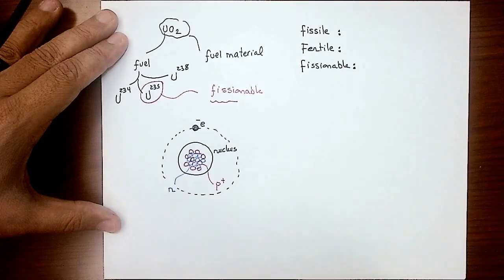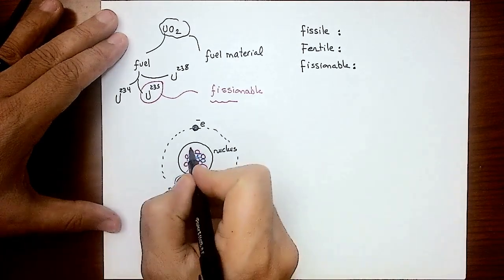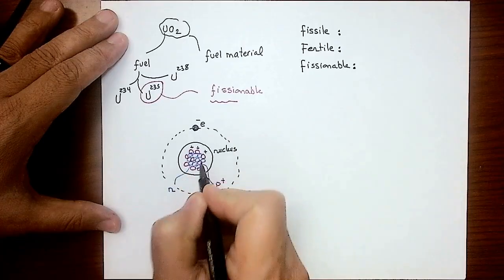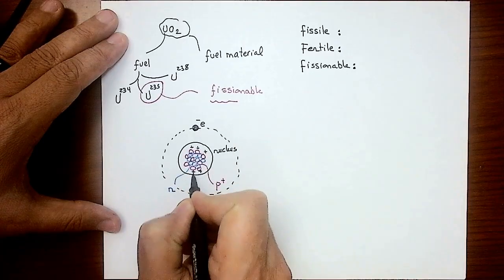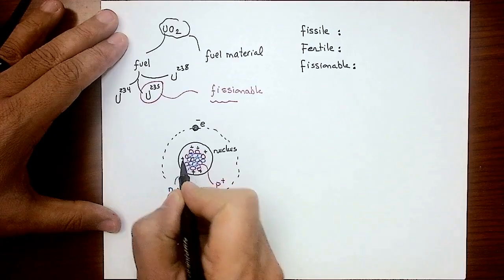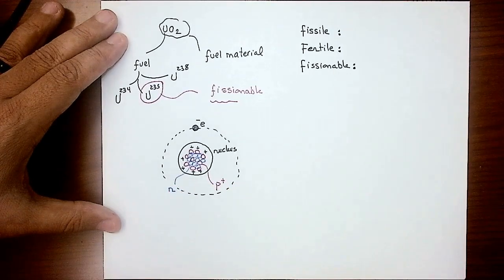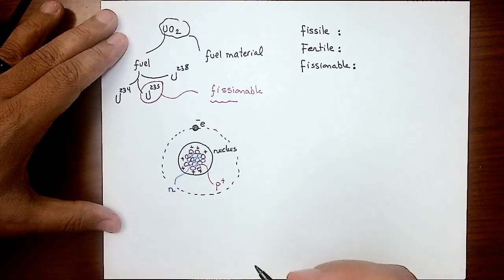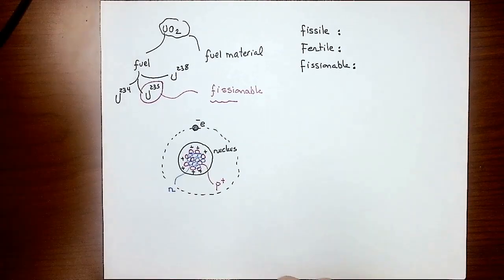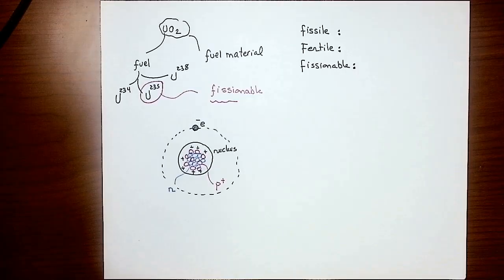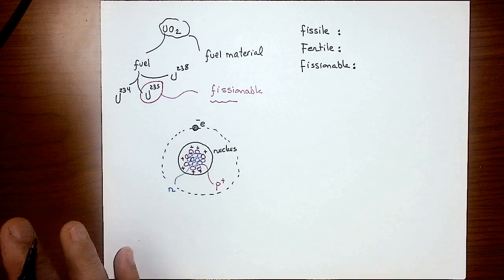Now let's look at the nucleus. We know that all these are positive particles, but they are not actually repelling each other, and they do not leave the nucleus, right? So the nucleus is kept stable by what we call the nuclear force. This is one of the forces that keeps the nucleus's integrity and doesn't allow these positive particles to repel themselves out.